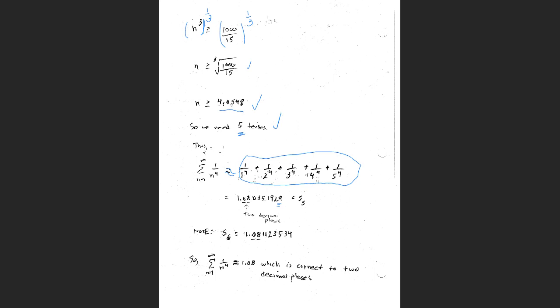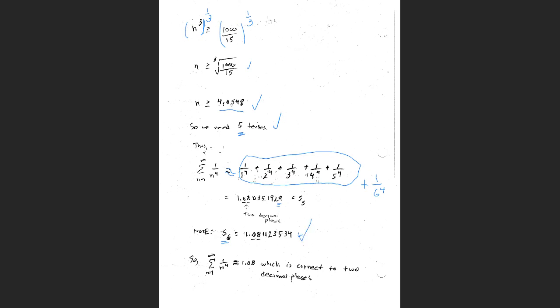Now, what I did was I said, okay, that's the 5th partial sum. Let's look at the 6th partial sum. That would be if I added another term, 1 over 6 to the 4th. If I added that, then this would be my 6th partial sum.